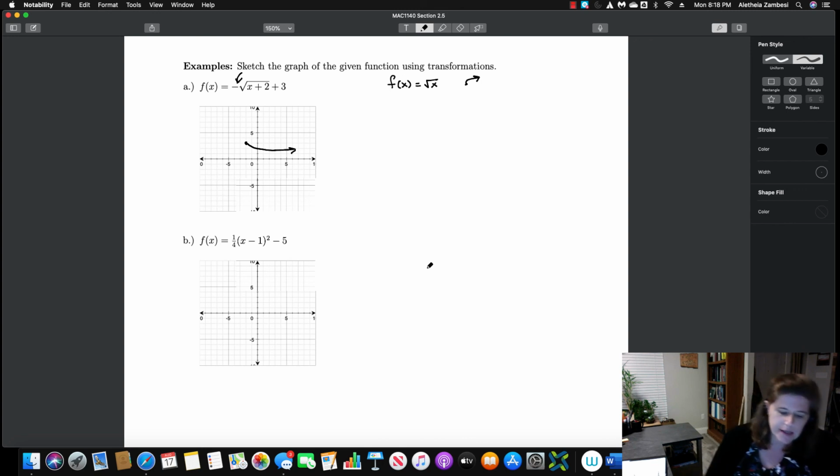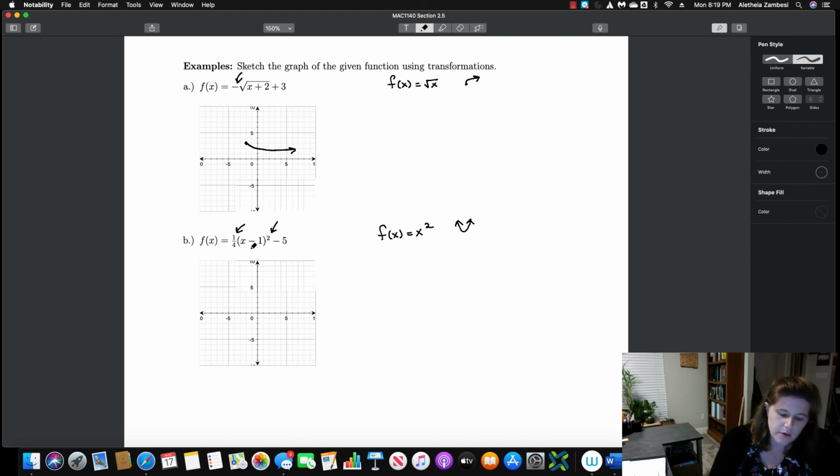So looking at the second one, this is a squared function. So my overall shape, f of x is equal to x squared. That's my overall shape. Looks like a parabola. Things I'm going to change about it. I have a vertical shrink, 1/4, so it's getting squat close to the axis.